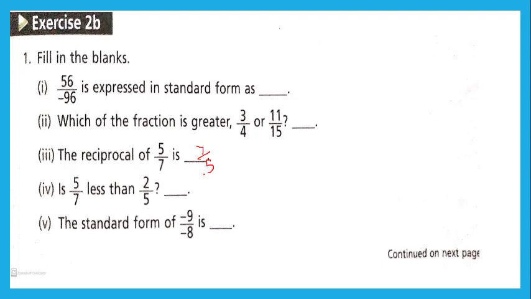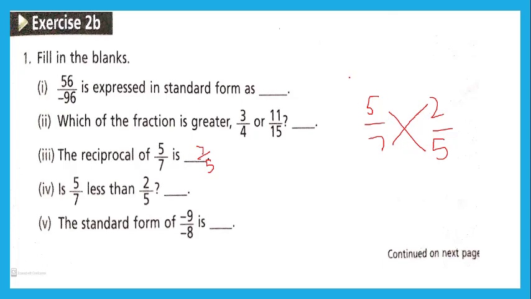Alright, now coming to the next part, which is: is 5 by 7 less than 2 by 5? In order to find out which one is less, we need to again use this tip. 5 by 7, and then we write another fraction over here, which is 2 by 5. Again we need to cross multiply.